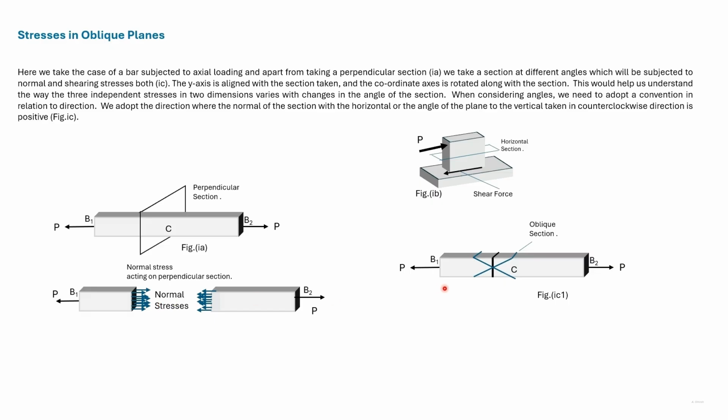So we'll find out the magnitude of the normal and the shear stresses in the oblique planes. To start with, we need to designate a rotation as positive, and we consider counterclockwise rotation as positive as shown in this diagram.